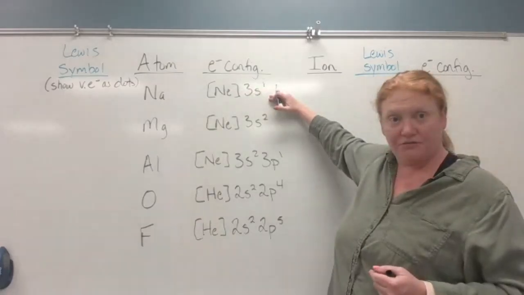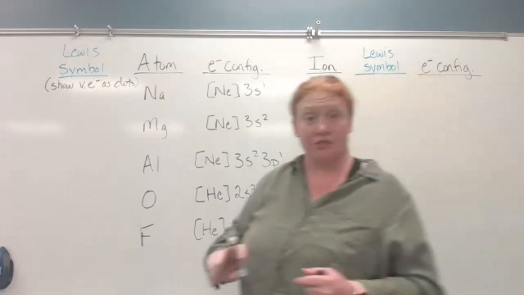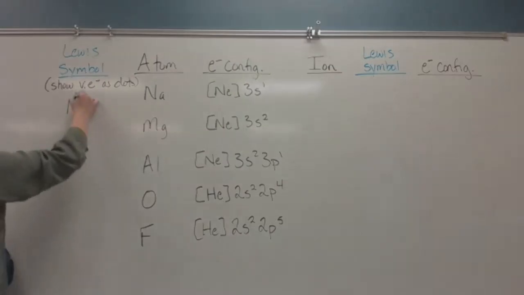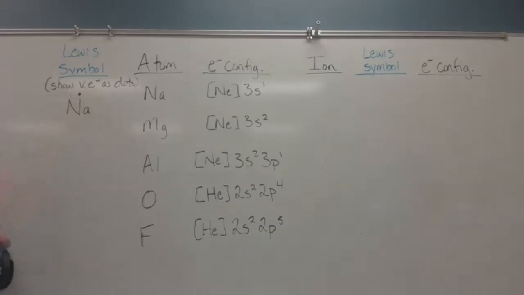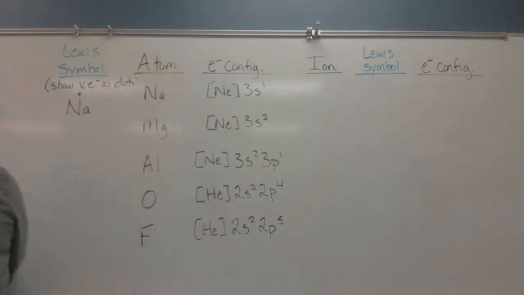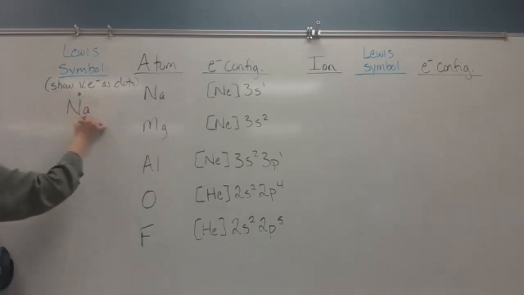Sodium configuration, we know this means there is 1 valence electron on a sodium atom. So a Lewis symbol for sodium would be drawn like that, with 1 dot representing that 1 valence electron. You can think of Lewis symbols as inside a box with 4 sides.